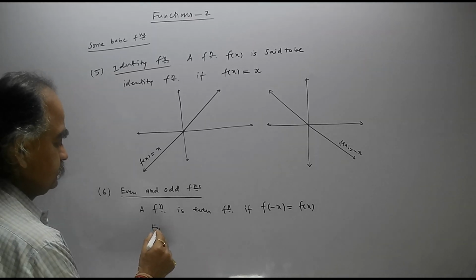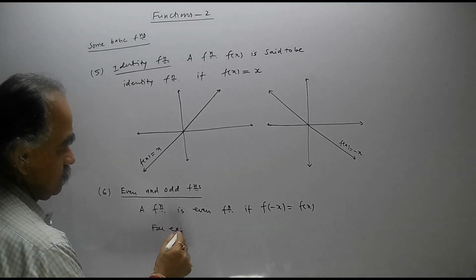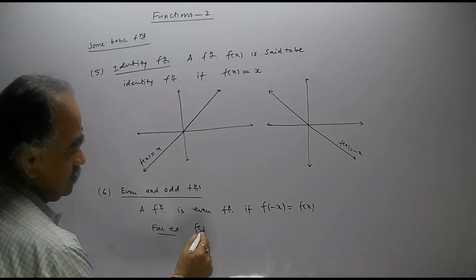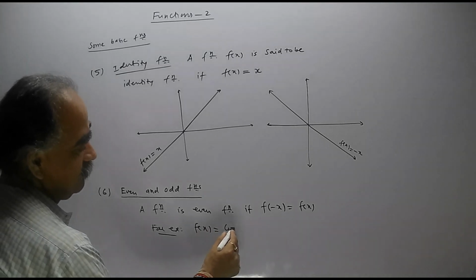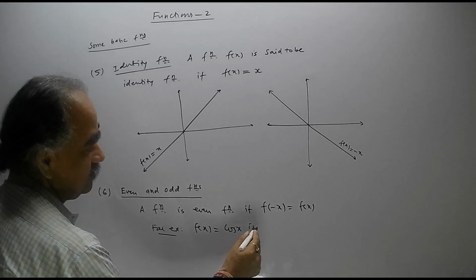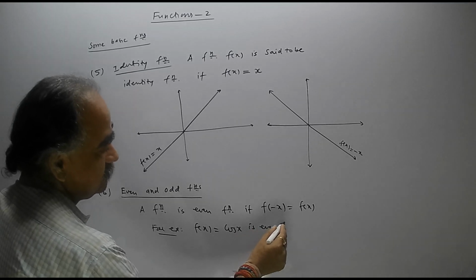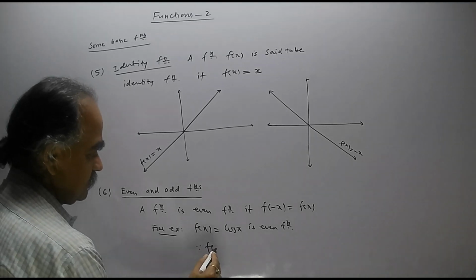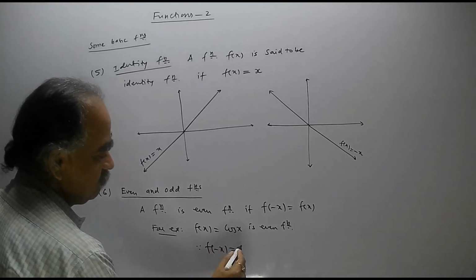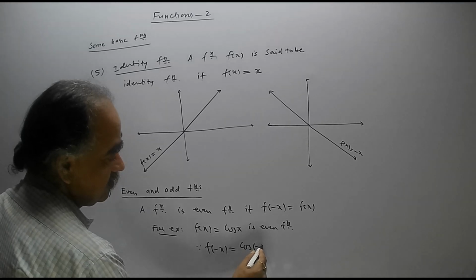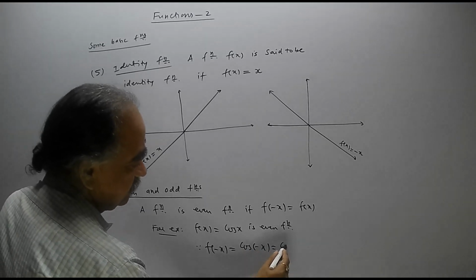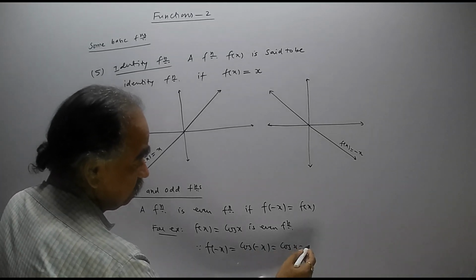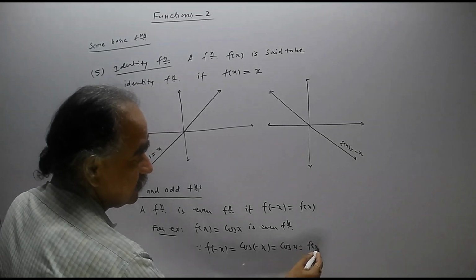For example, f(x) is equal to cos x is an even function, since f of minus x will be what? Cos of minus x, which is cos x, which is f(x).